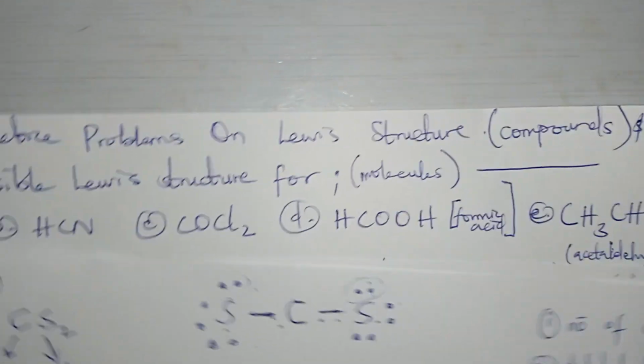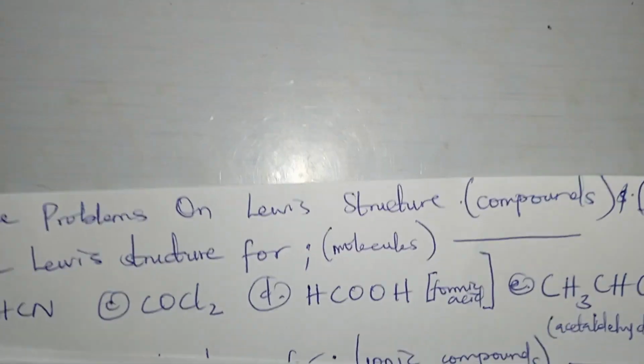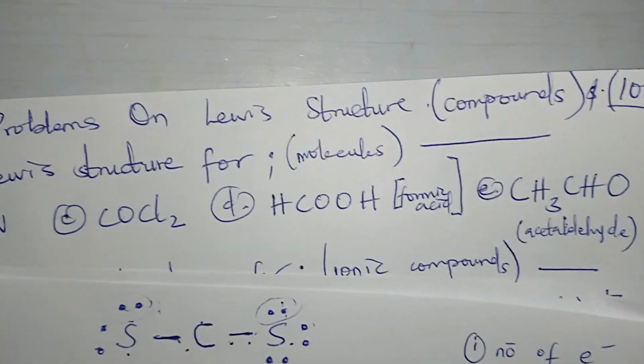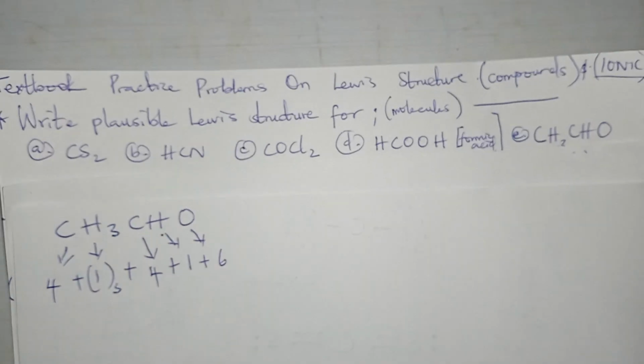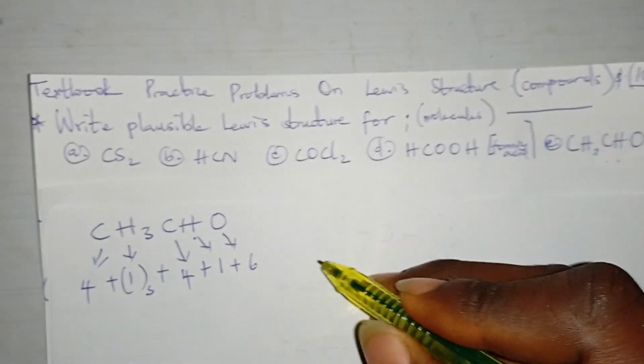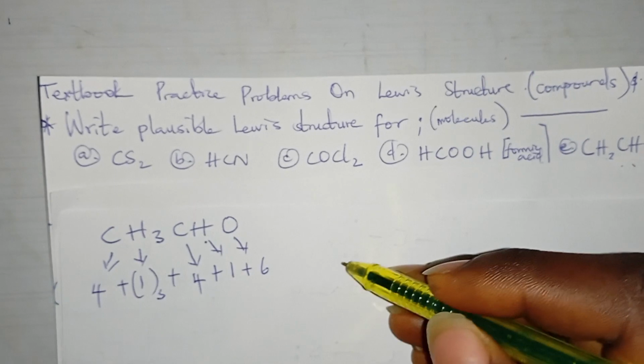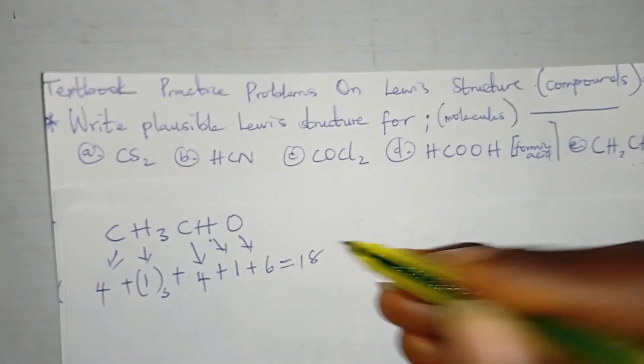Now let's go to the last one. The last one is the hydrocarbon, acetaldehyde, or you call it ethanol. To draw the Lewis structure of this, the electrons in the valence shell give me 18.